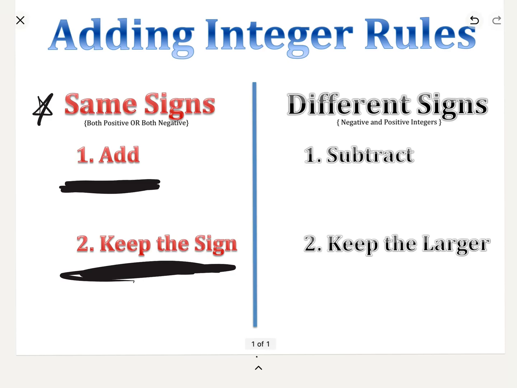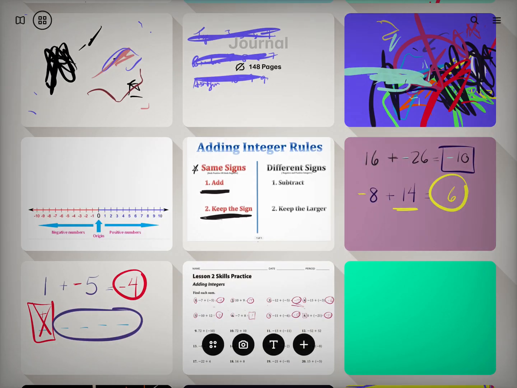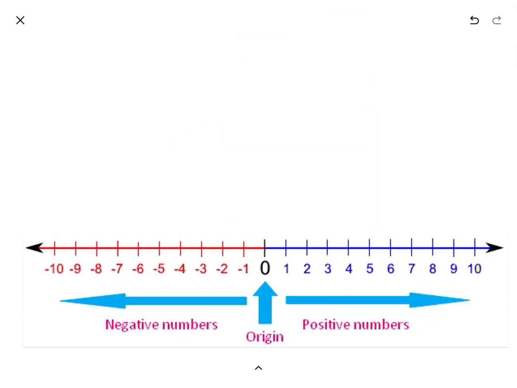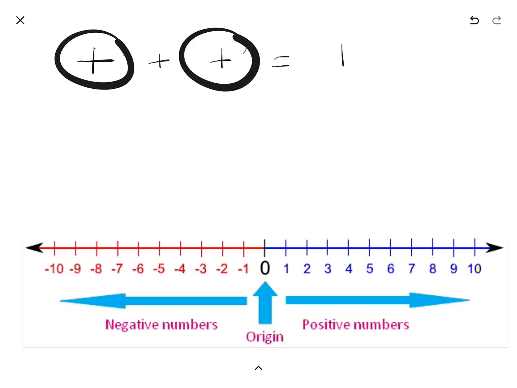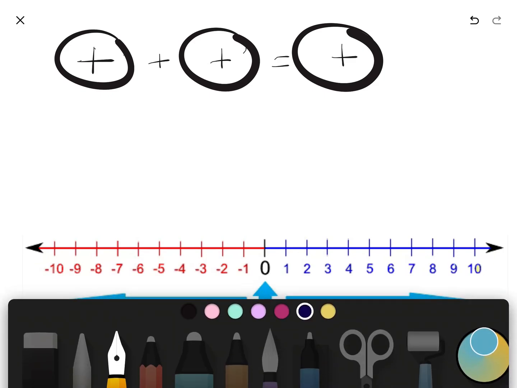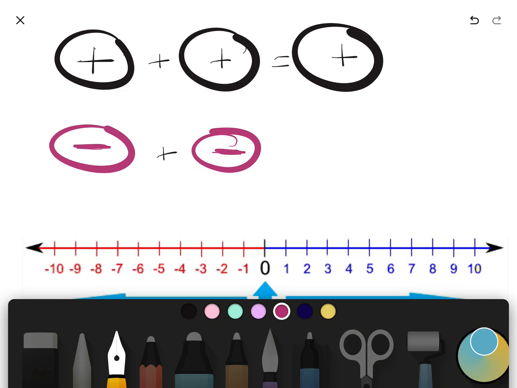If you have both with the same sign, you're going to add those absolute values together and then keep the sign, okay? So what I mean by that is, if you got a positive and another positive, your answer is always going to be positive. All right, 100% of the time, absolutely. If you're adding 2 negative numbers, a negative plus a negative, your answer will always be negative, right?